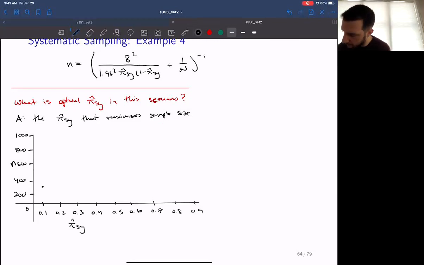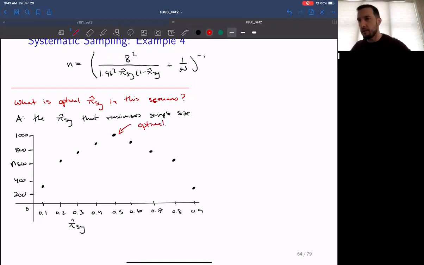So for 0.1 and 0.9, you're going to be about here, which is like 350. For 0.2 and 0.8, you're going to be at 600. For 0.3 and 0.7, you're going to be at 760. For 0.4 and 0.6, you're going to be at 850. And then at 0.5, you're going to be at 880. Okay, so this is optimal.